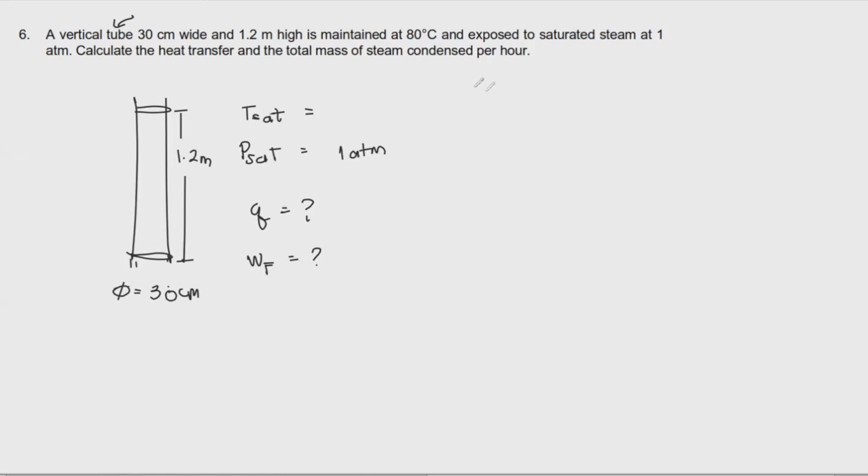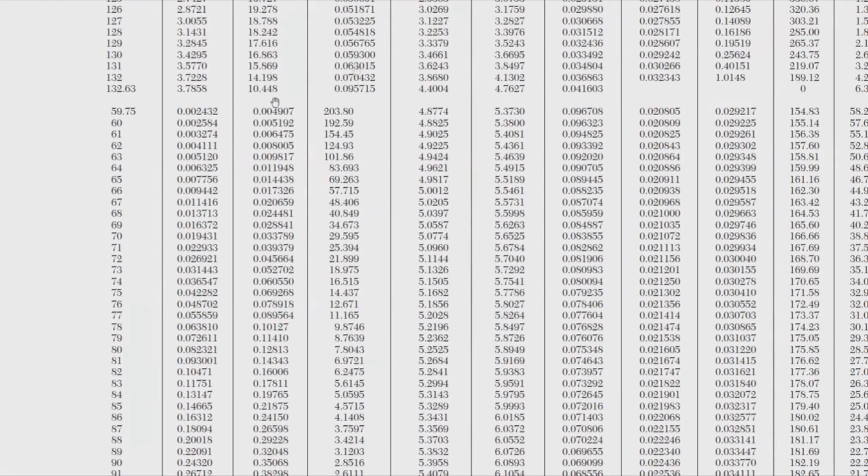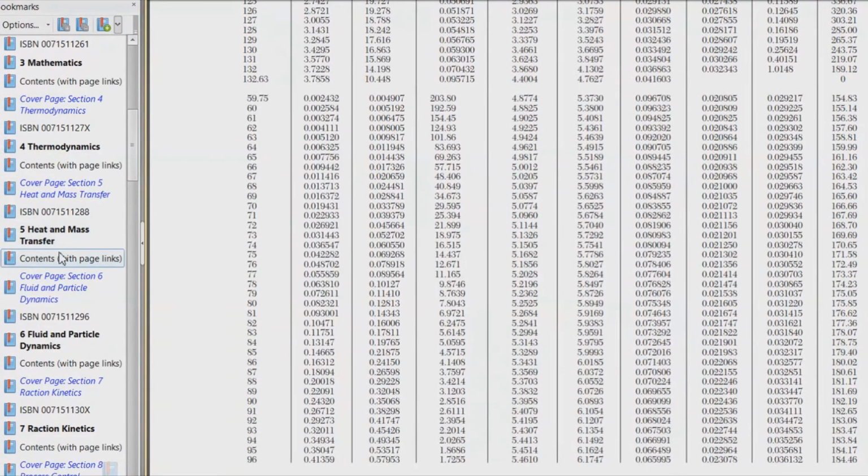If we evaluate this condition, that is condensation, and we have heat transfer with change of phase, in this case on a vertical tube. So we need to find the condensation topic with vertical tube in Perry's handbook so that we can get our working equation. So let's head into chapter 5, since that's the heat and mass transfer.